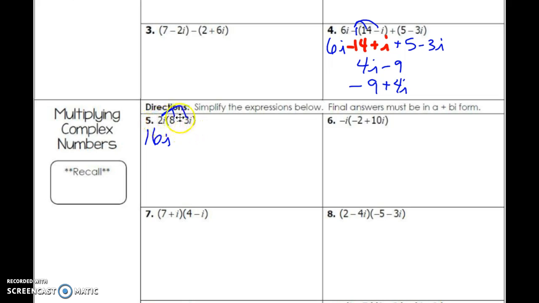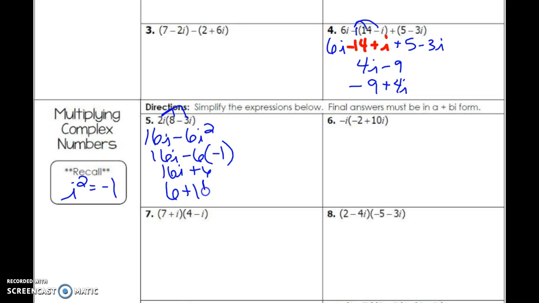So 2 times negative 3 would be a minus 6, i times i, i squared. So remember that i squared is just negative 1. So we go 16i minus 6 times negative 1. So negative 6 times negative 1 would just be 6. 16i plus 6, just flip it around, 6 plus 16i.